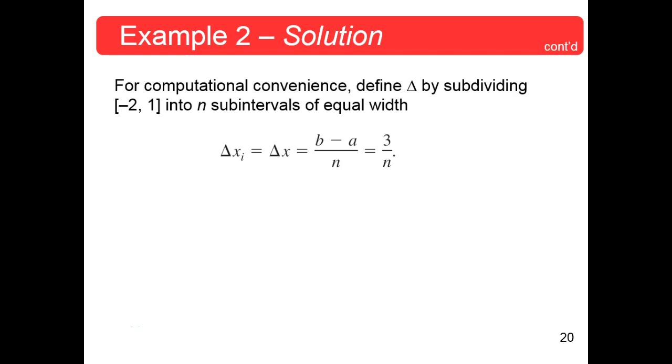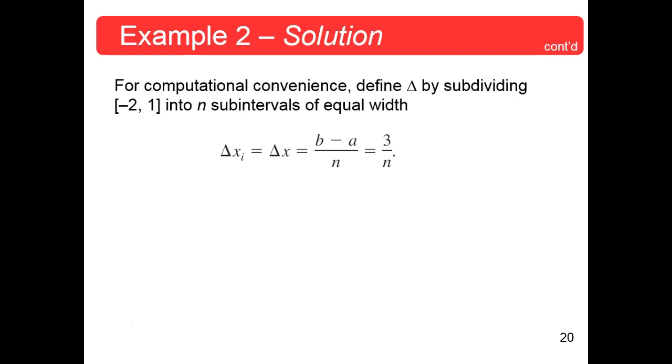B minus A is 1 minus negative 2, which is 1 plus 2, which is 3, divided by n. We're going to do equal subintervals, so you get 3 over n.